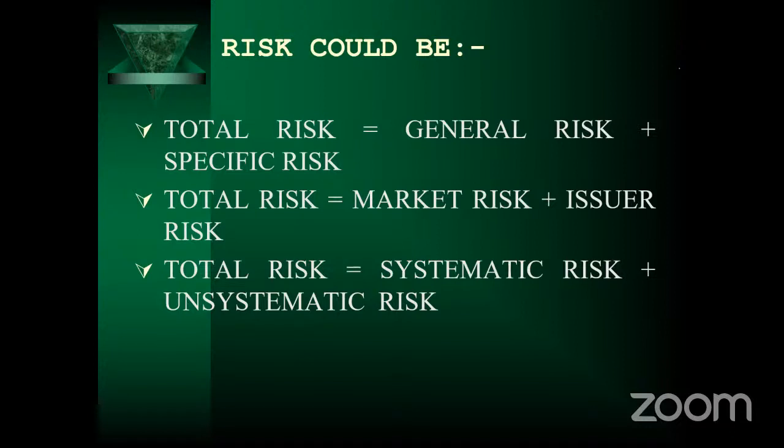That is systematic risk. Again, unsystematic risk, to some extent, can be controlled by taking some precautionary as well as preventive measures. Unsystematic risks are micro in nature. A very good example: when we talk about systematic risk, we say economic crisis, political instability.